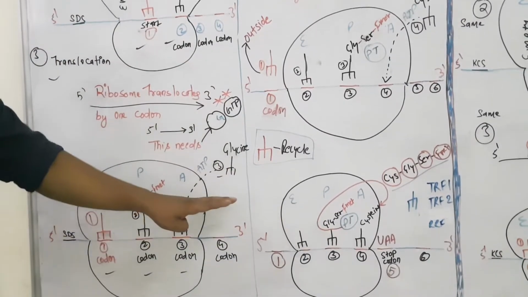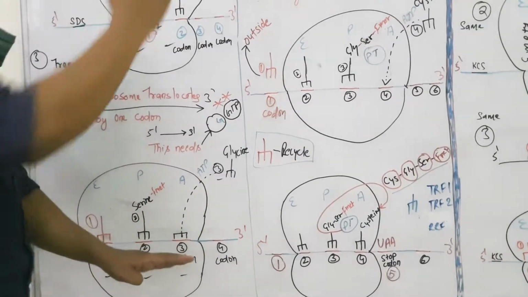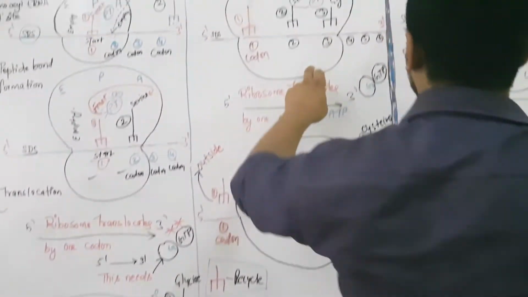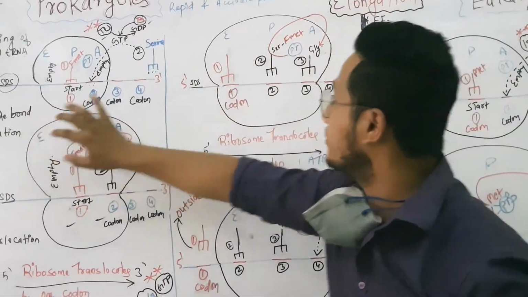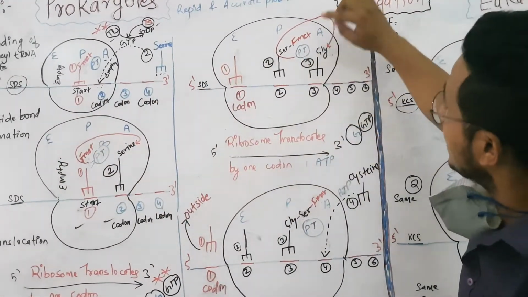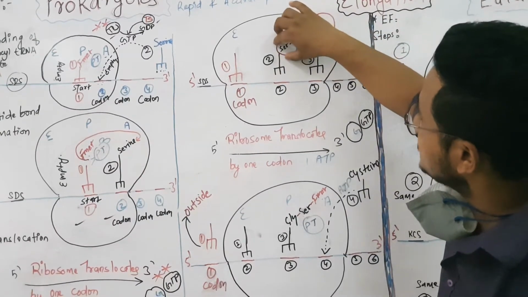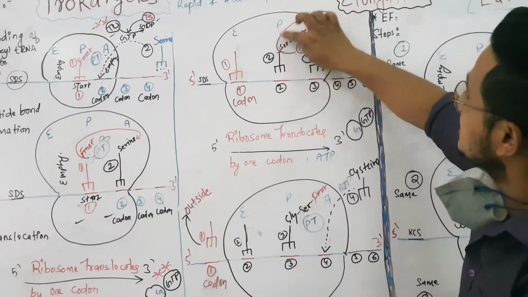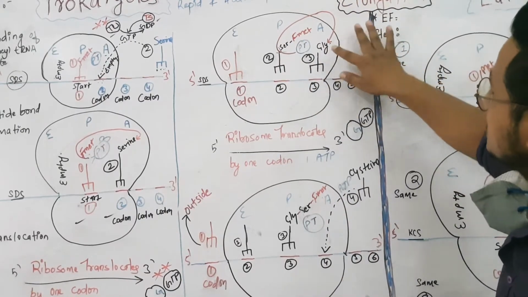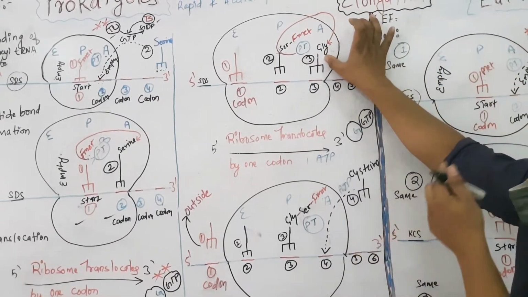Again, this will require energy, just like in the very first step. And again, coming back to here, what happens in the second step? We know the second step is peptide bond formation, right? So in the second step, again, peptidyl transferase will cleave these peptides and will transport it onto glycine, and thus the peptide bond formation takes place.